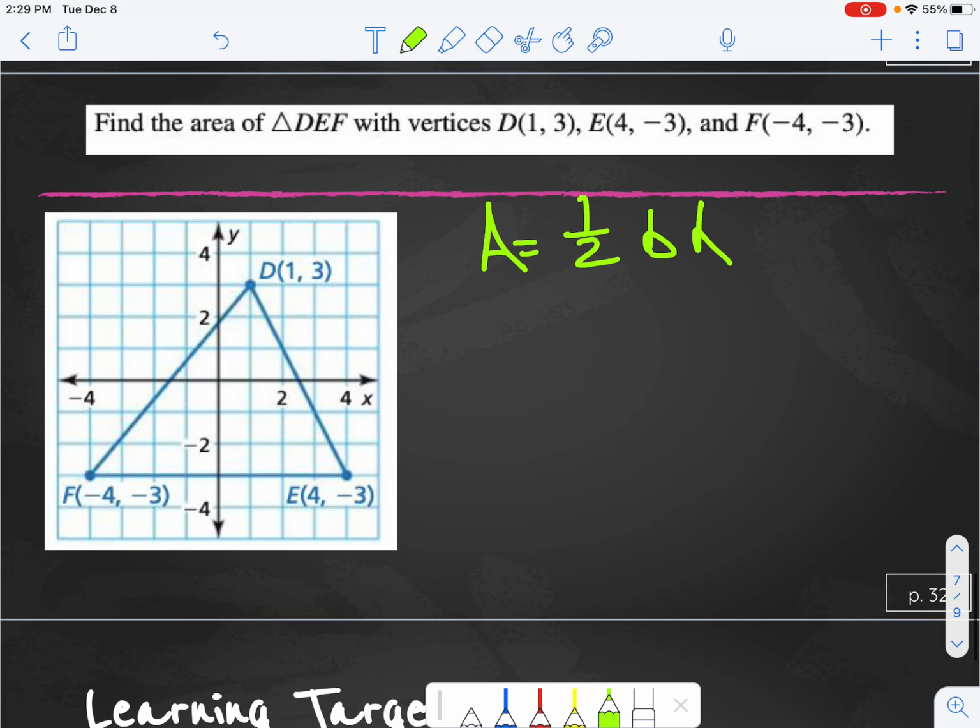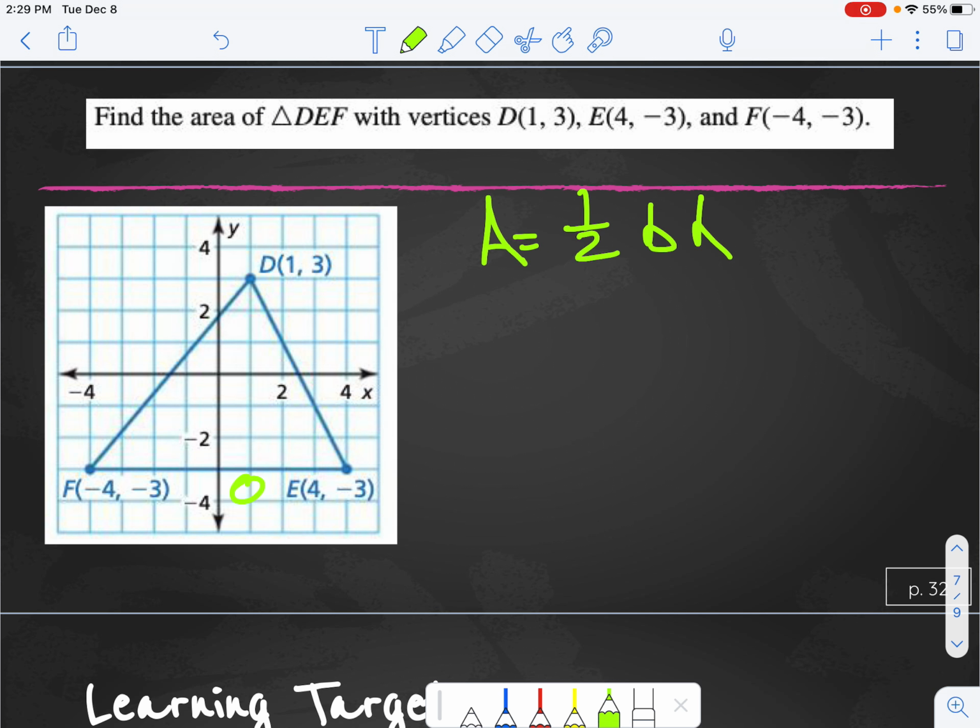So in this case, we said the base already we knew was 8. And now the height, now remember the height doesn't mean one of these slanted lines. The height is the imaginary line in the middle that comes at the base at a right angle. And the height, since it is a straight vertical line, we can just count it.